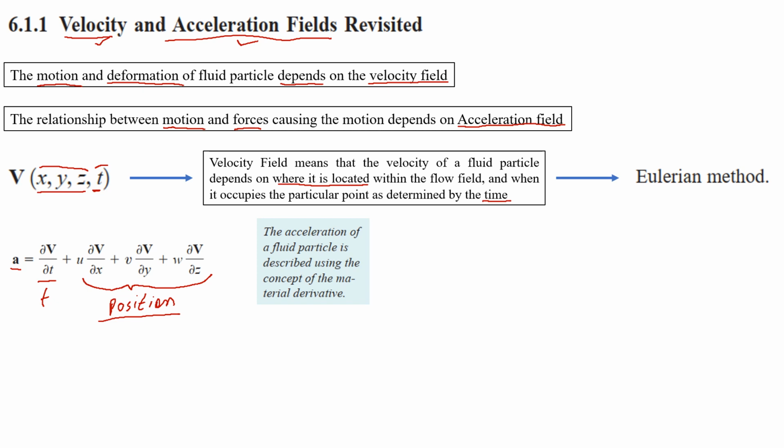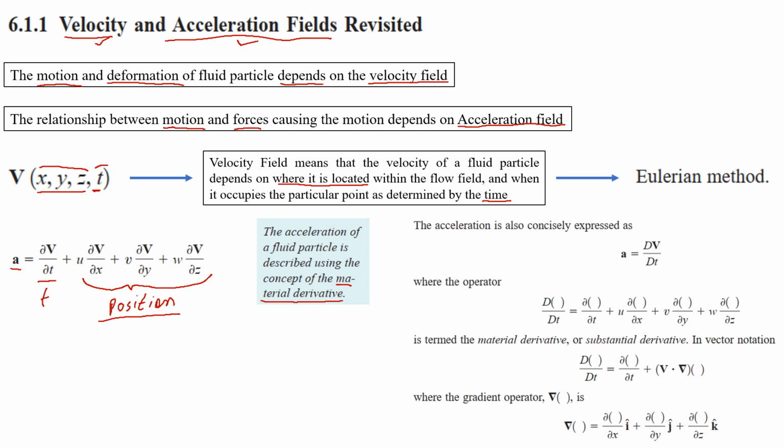So the acceleration of a fluid particle is described using the concept of material derivative. And not just acceleration: in the previous chapters we also saw the change in temperature of a fluid flow with respect to time and position. This was the equation for the acceleration field, but this was our generalized material derivative equation, in which we saw the total change with respect to time, and we equated that change to the partial change with respect to time, plus the partial change with respect to position of that particle.